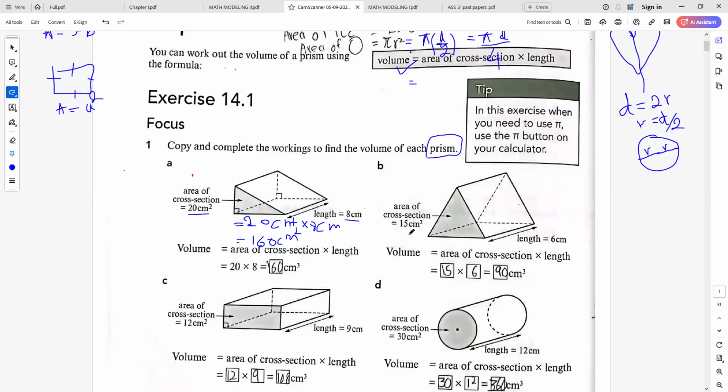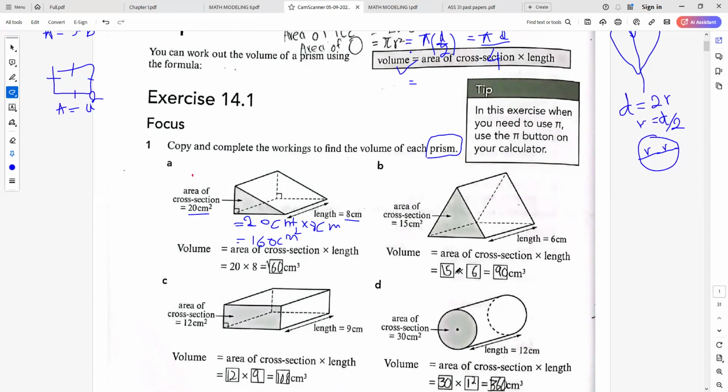Here, the cross-sectional area is given and the length is also given. This is how you have to write your answer in your examination. First you should write the equation, then substitute the values, then you will obtain the final answer.